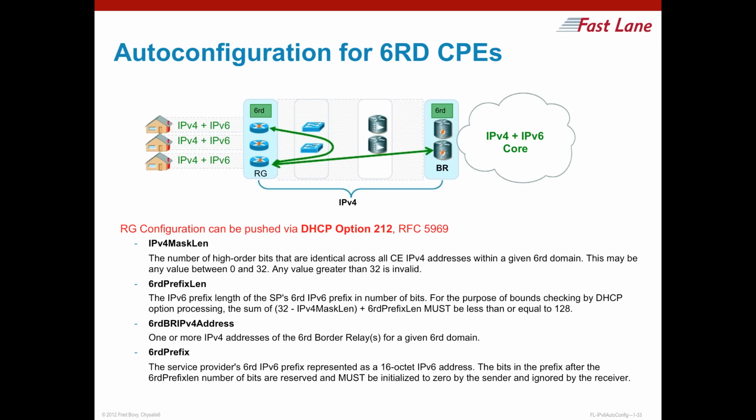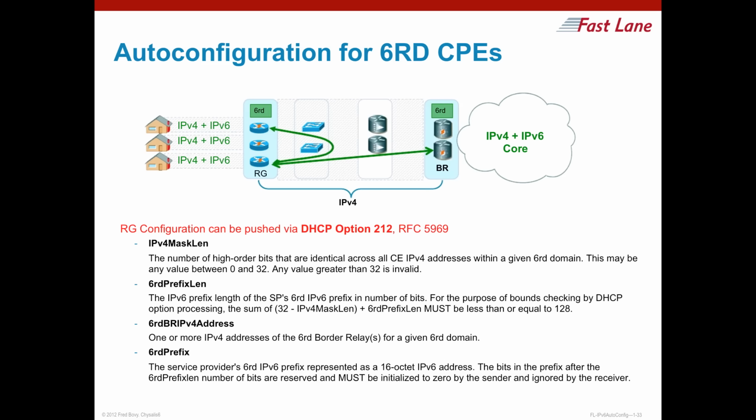And the residential gateway, which is a CPE, needs a few pieces of configuration information, like the 6RD prefix to know which neighbor is in the same domain and which neighbor is outside of the domain. It must also know the border relay router to exit the domain and reach another IPv6 machine outside of this domain.